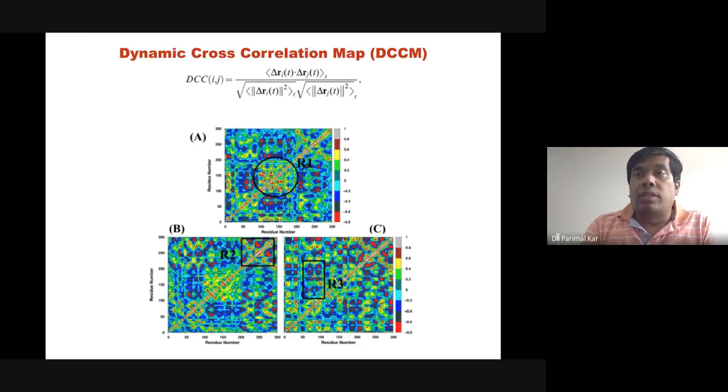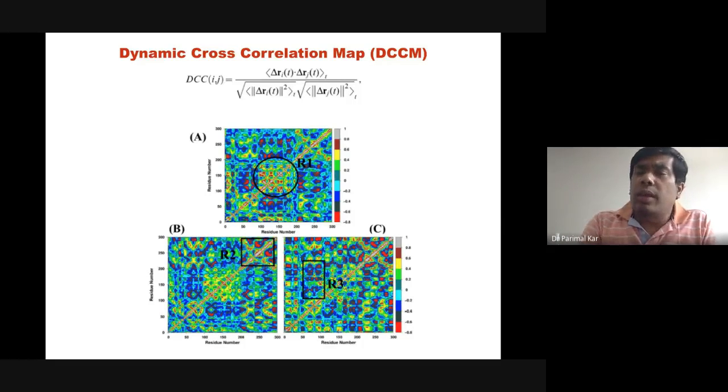But in A, which is the apo structure, it is bluish. That is also anti-correlated, but after the binding it becomes red. It means the anti-correlated motions in that region increase. And the region R1 corresponds to the binding region, so there you got correlated motions when the ligand binds.